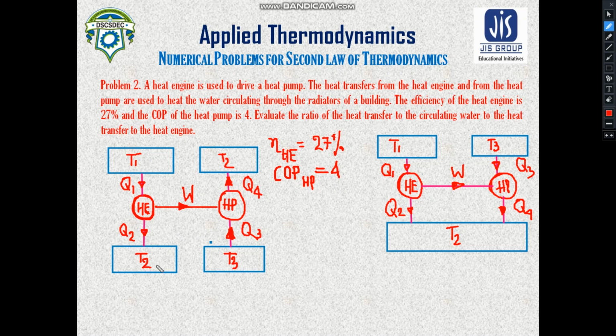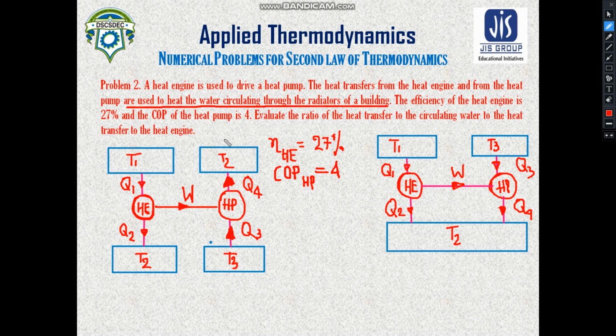Now here we can see the heat rejection of the heat engine and the heat rejection of the heat pump are taking place at the same temperature because they are together used to heat the water circulating through the radiators of a building.